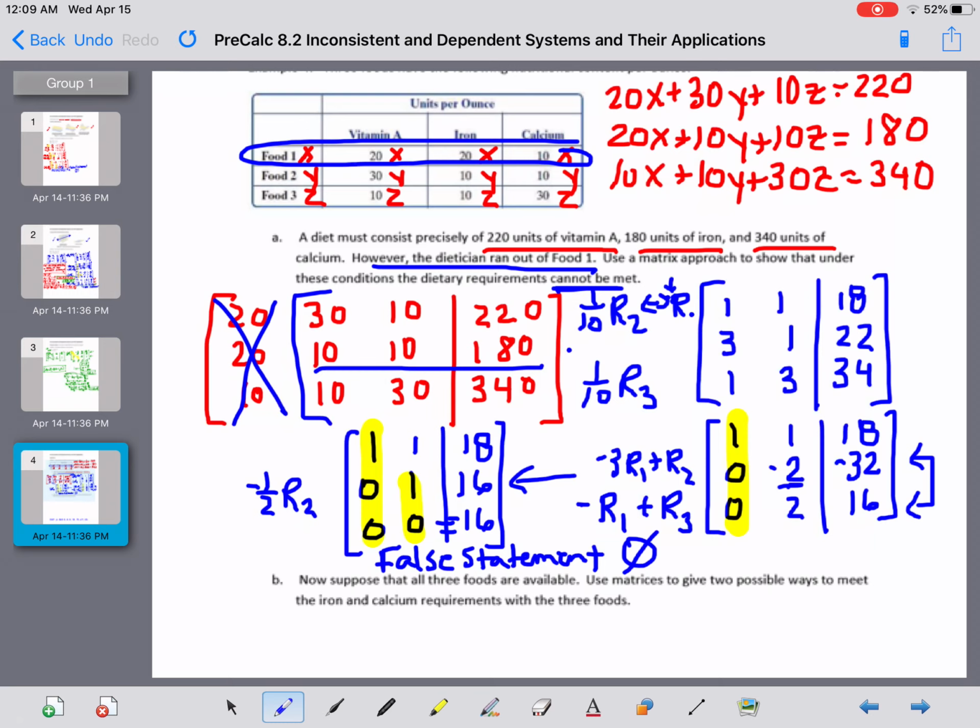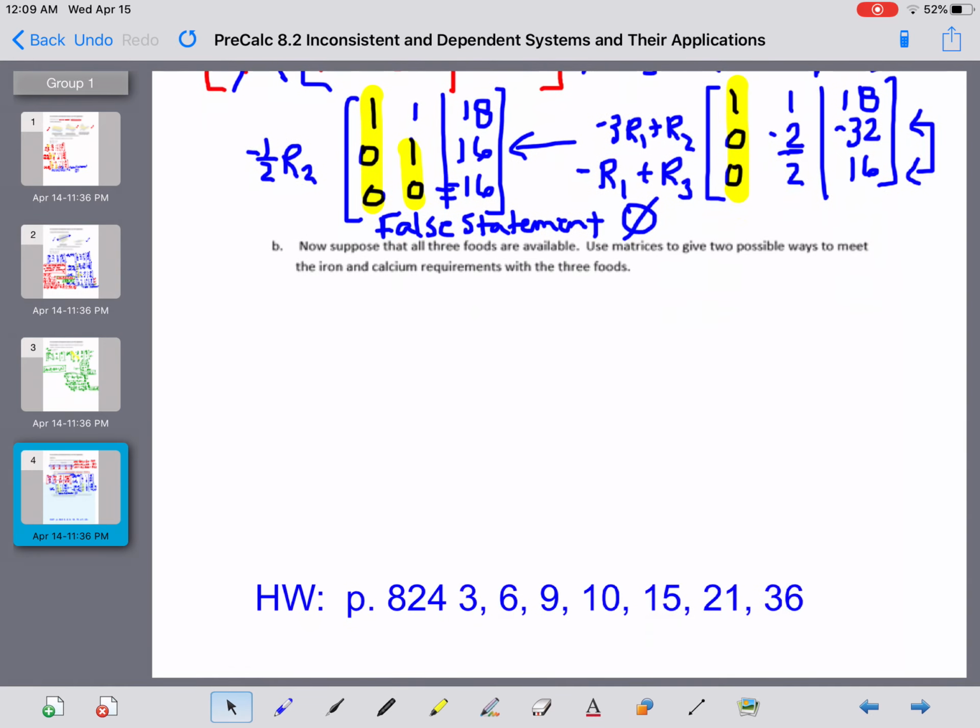So let's try B here. Now suppose all 3 foods are available. Use the matrices to give 2 possible ways to meet the iron and the calcium requirements with the 3 foods. So let's go back to our original, and notice here iron and calcium requirements. So what that means is I'm not worried about my vitamin A. So to be honest, on my top one, I really don't need that top equation where it equals 220.